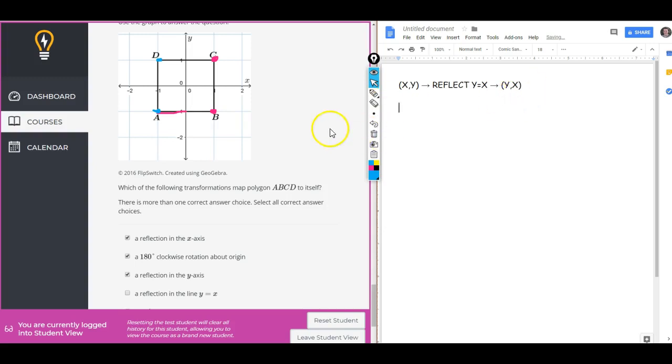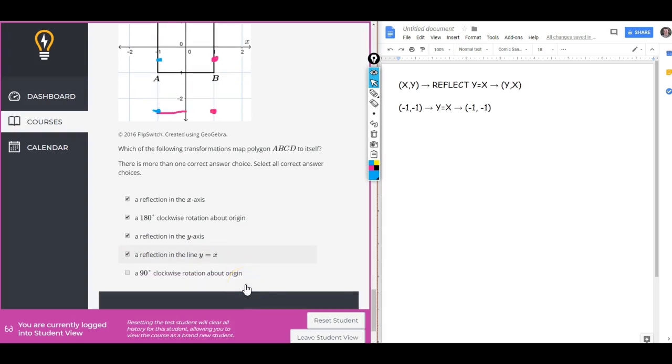So I'm going to just check one of the coordinates. I'm going to check point A, which is located at (-1, -1). After it's reflected about the line y equals x, the y value becomes our x value, and the x value becomes our y value. So it does end up giving us the exact same coordinates, and so this does end up being correct.